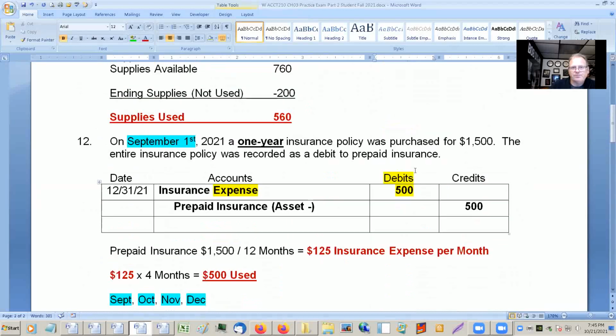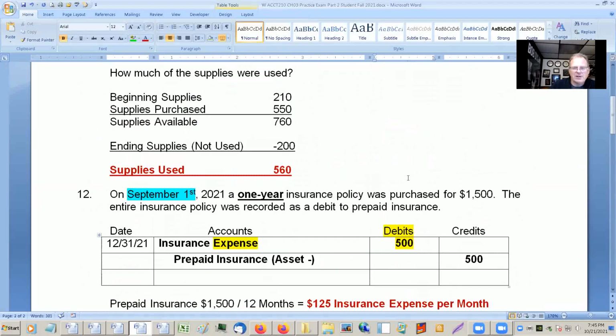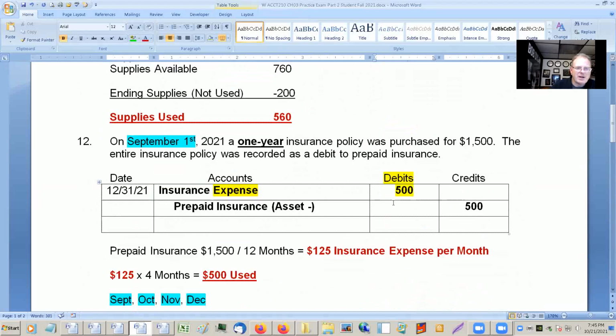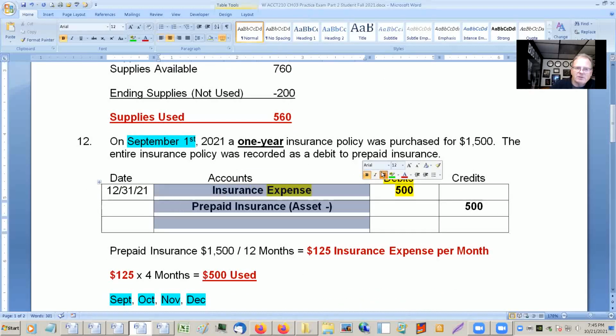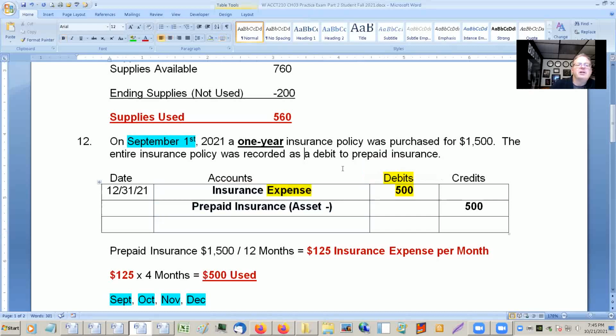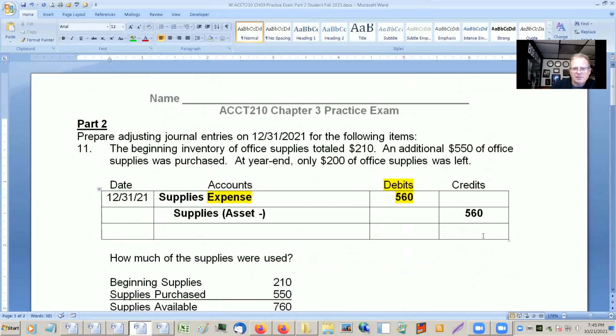At least the debits and credits will be right. Maybe you get a wrong account or something, that's minus one. That's not the big deal. But you can go through and just make sure that it's expenses, debits, revenues, credits.